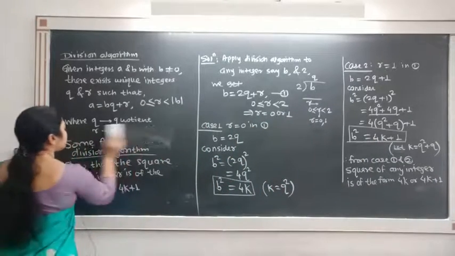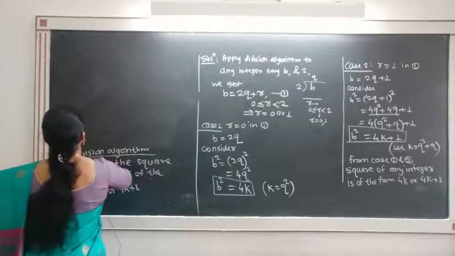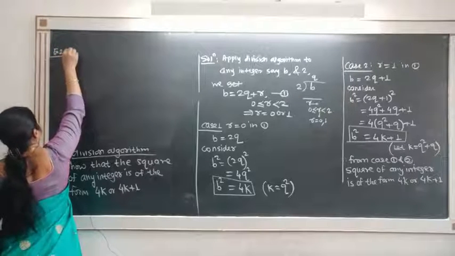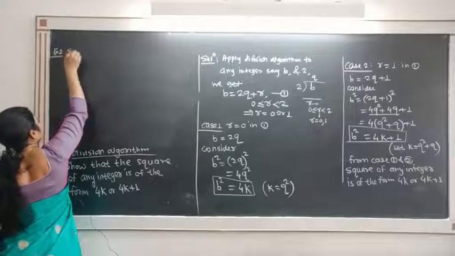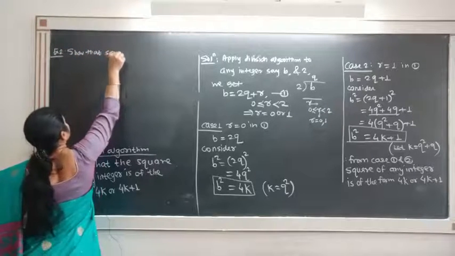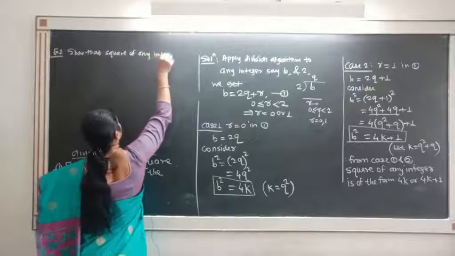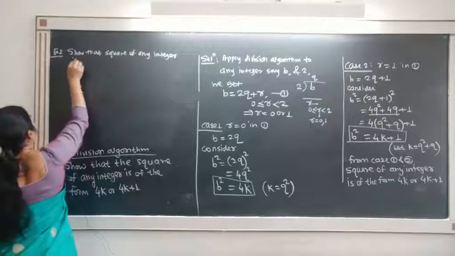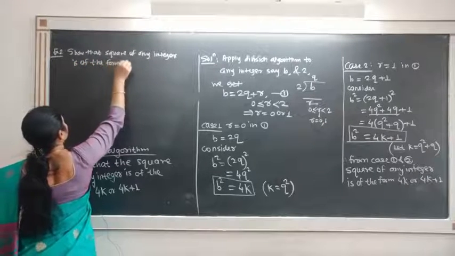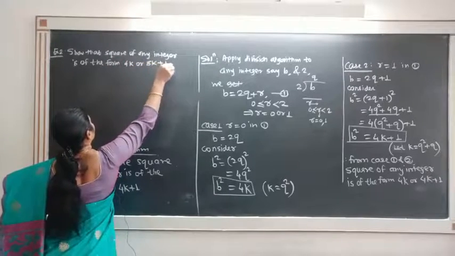Now consider the second example. We want to prove that the square of any integer is of the form 4k or 8k plus 1.